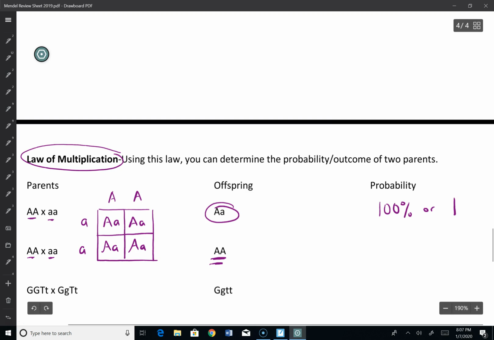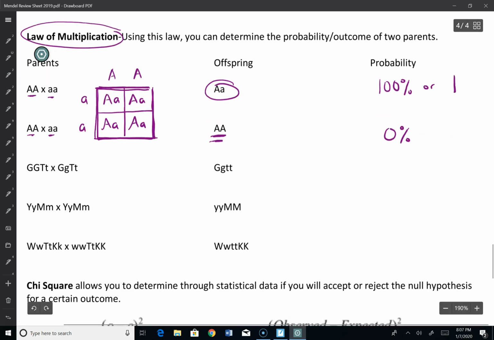That answer is 0%, because do you see any capital A's in here with the other capital A? I don't see that, so that's why it's 0%. Well, now we got a problem, because I don't want to have to start drawing out 8 million Punnett squares. That's annoying. So the more you get comfortable with this, the faster you can do this.